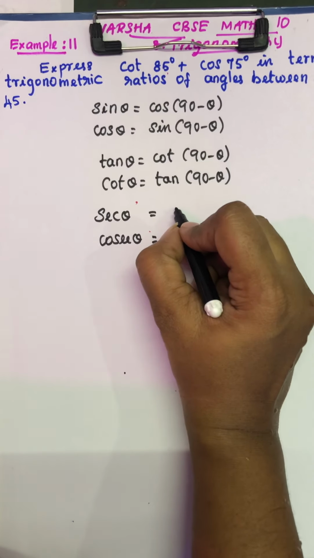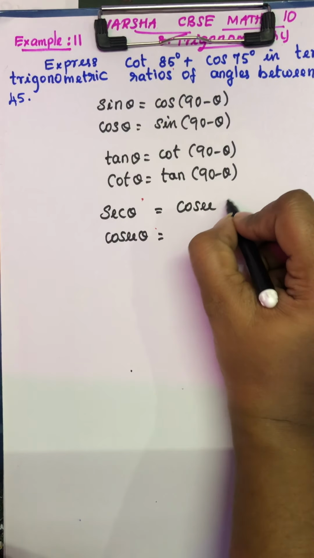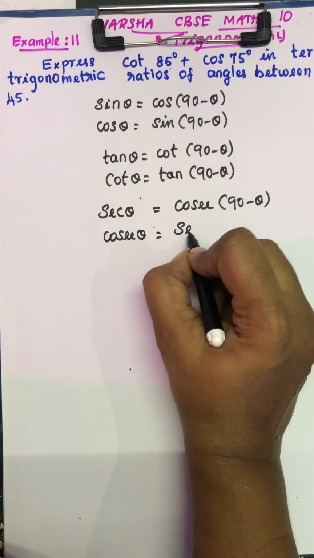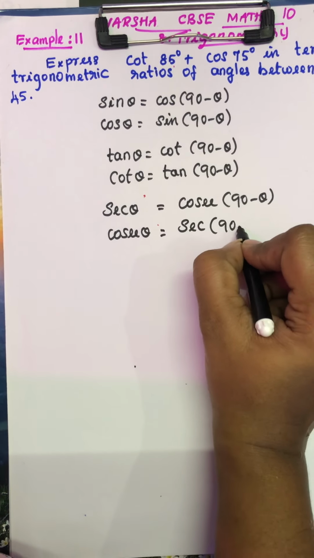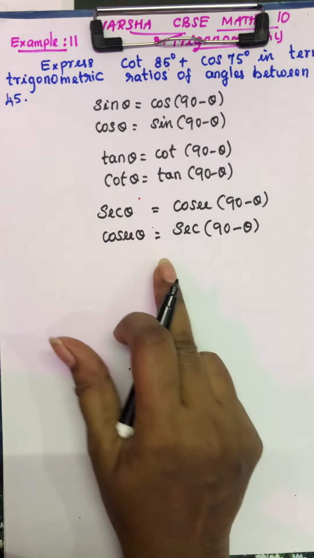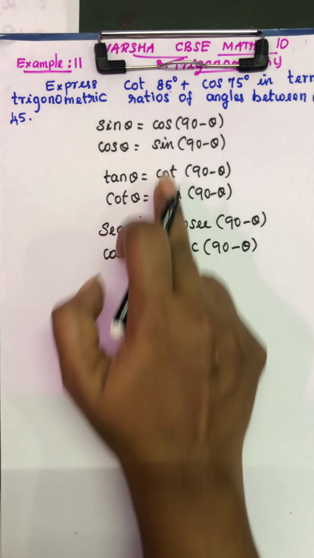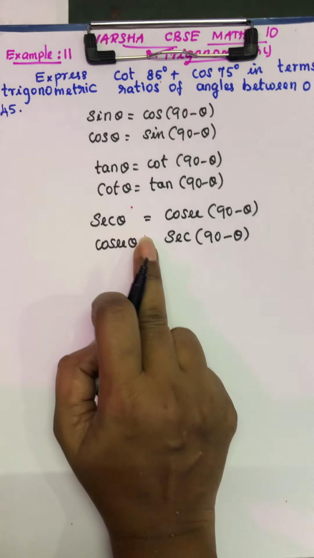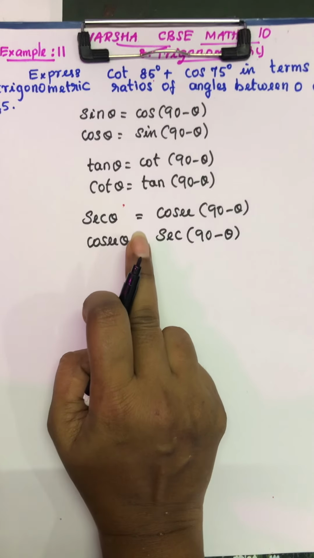Okay, secant theta can be written cosecant 90 minus theta. Cosecant theta can be written secant 90 minus theta. Okay students, so these are the formula. So whenever you have a trigonometric sum, you have to write the formula first.